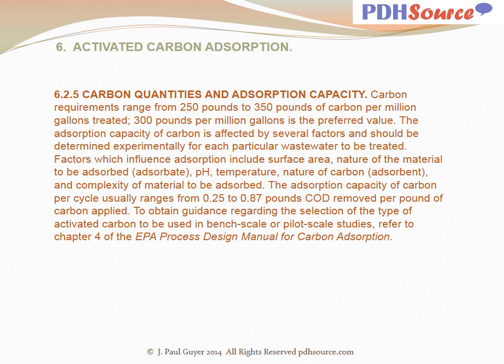To obtain guidance regarding the selection of the type of activated carbon to be used in bench scale or pilot scale studies, refer to Chapter 4 of the EPA Process Design Manual for Carbon Adsorption.